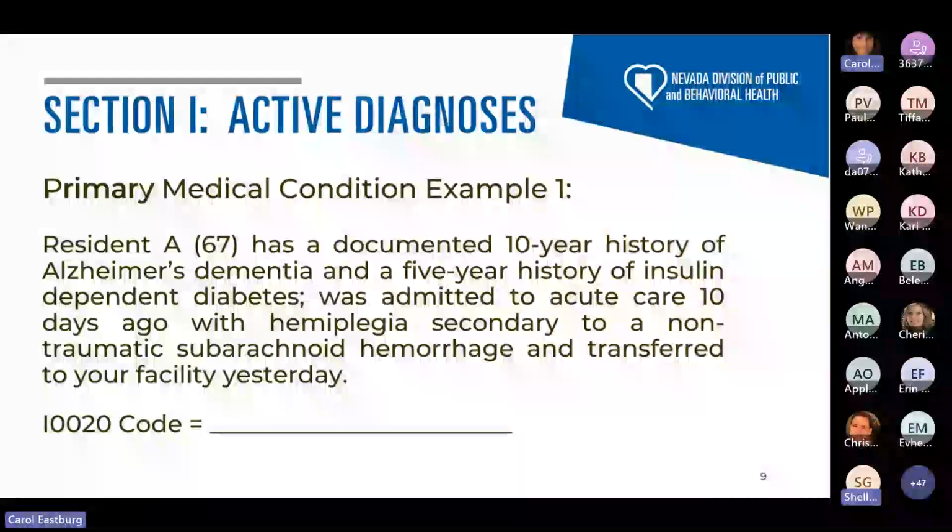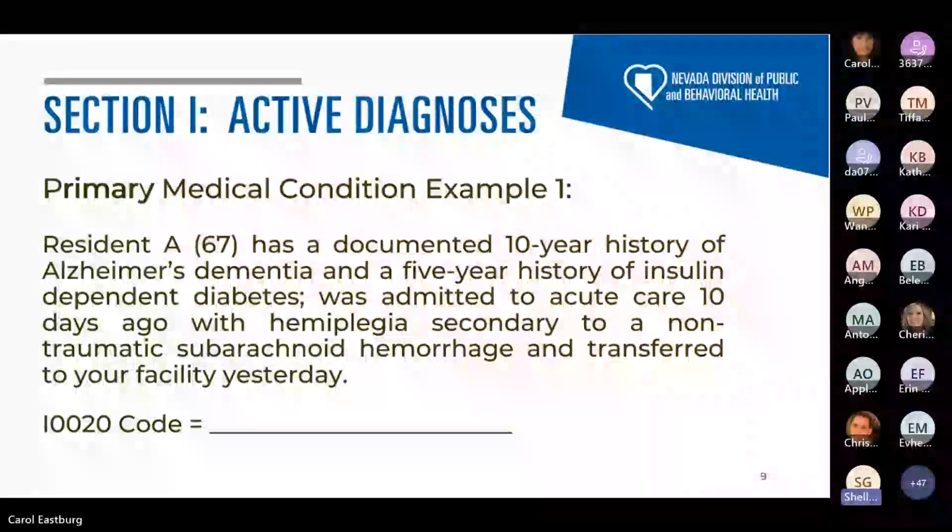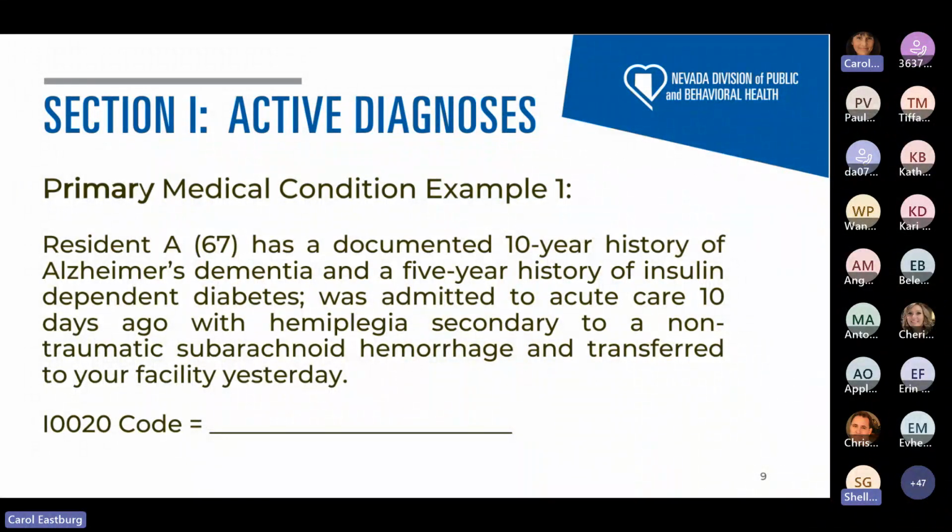The resident transferred to your facility yesterday. I left a line there for you to enter the code. And if we were live, I would ask, what would the code be? And you all would answer 01 stroke, because the physician's H&P documents stroke as the reason for resident A's admission yesterday.